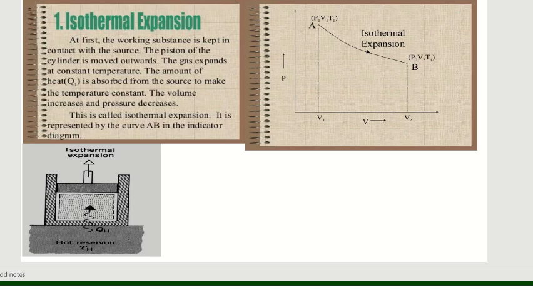So its initial pressure is P1, volume is V1, temperature is T1. After it expands, pressure decreases from P1 to P2, volume increases from V1 to V2, and temperature remains constant. This is the isothermal expansion. We can see the isothermal expansion PV diagram.